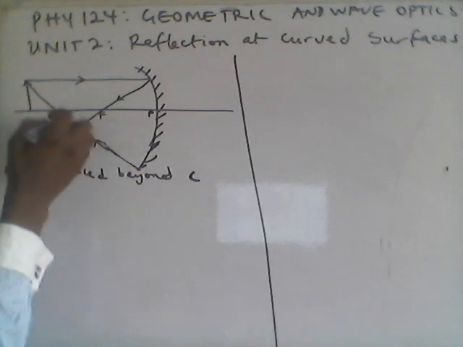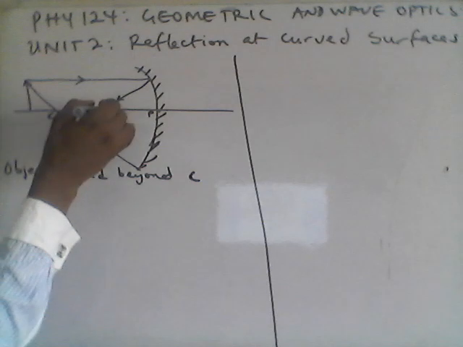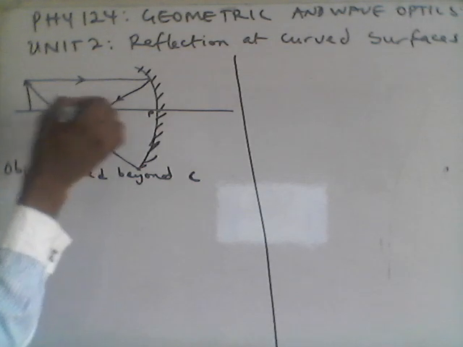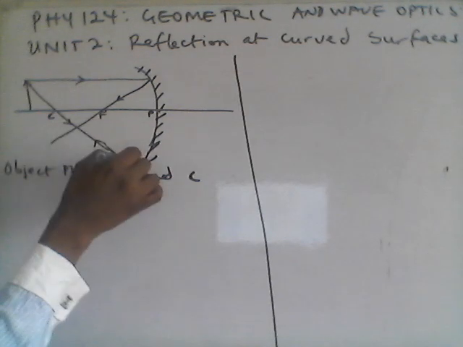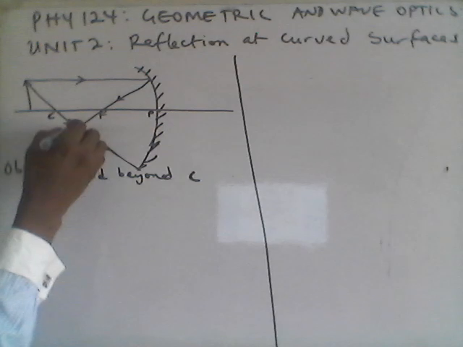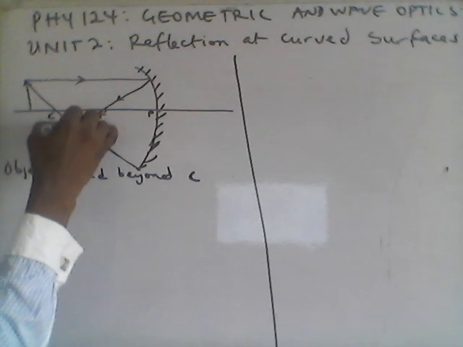Where the first ray, reflected through the focal point, and the second ray, through the center of curvature, meet, they form an image upside down.